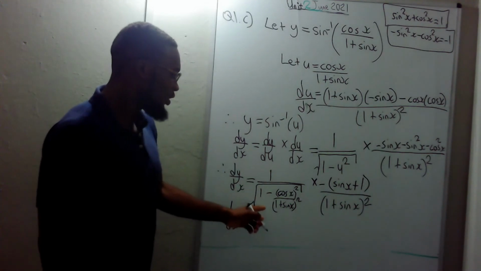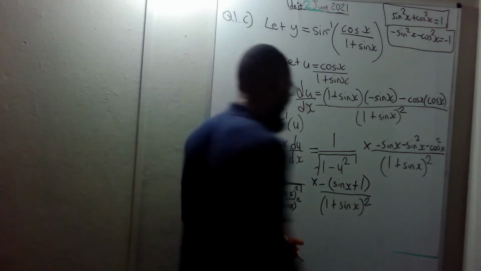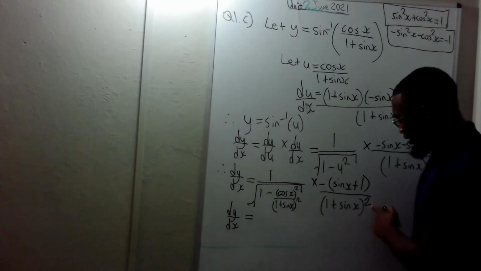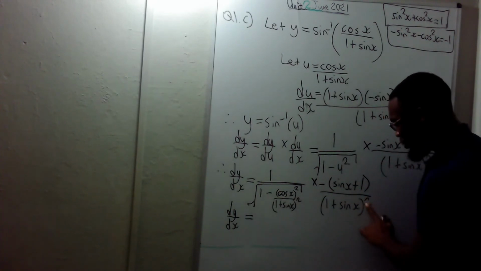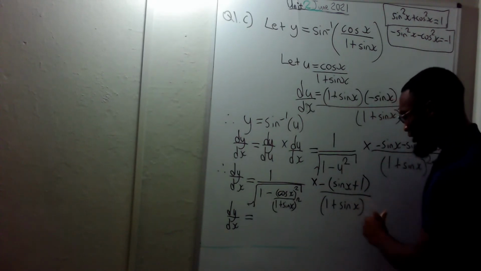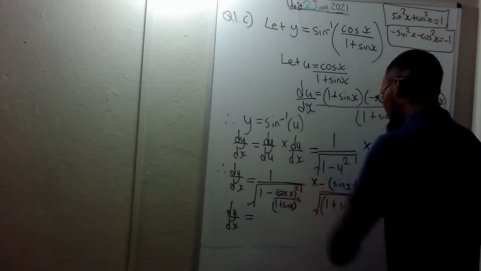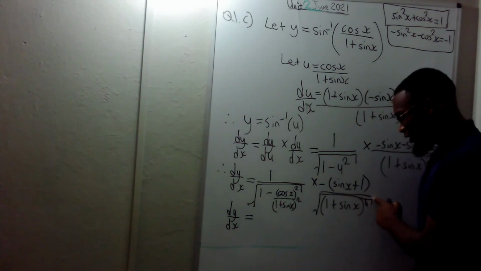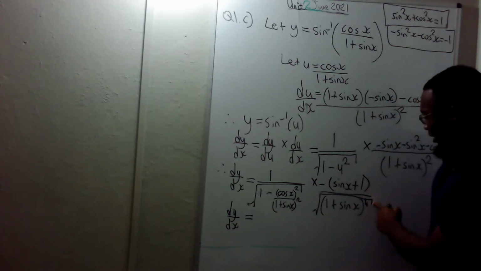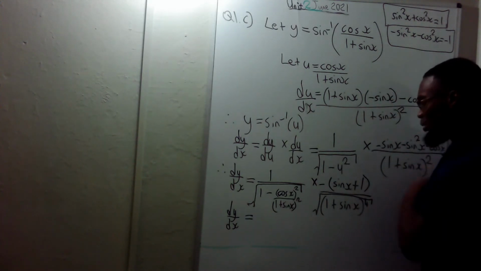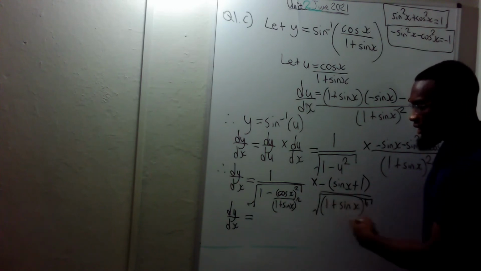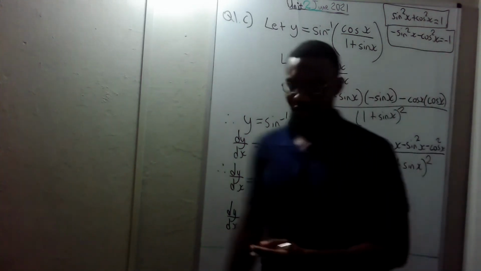So first thing is to write as one fraction. You see this square here, we can raise this to the 4th power and put a square root, because square root of the 4th power gives back your square. This allows us to write it as one fraction easier.